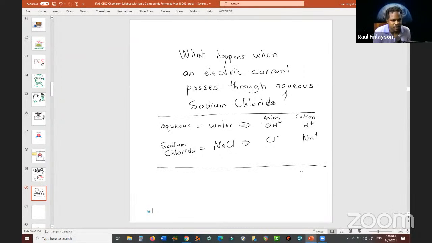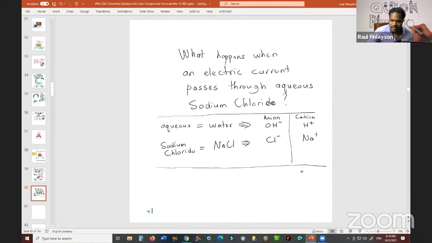That's the first step. CXC will most likely go on to ask you what substance will be deposited at the anode or at the cathode. That's the trend of these questions. So the anions will go at the anode and the cations will go at the cathode.